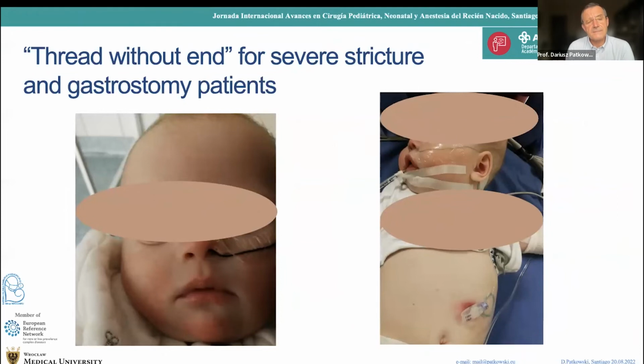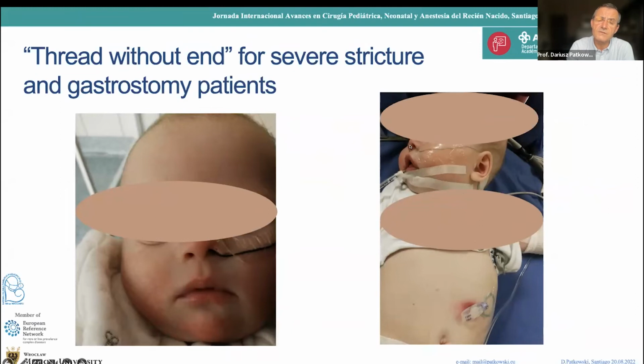Right now we are not using gastrostomy, but sometimes patients are referred to our center with an already created gastrostomy because of the stenosis or another reason. In such a case, we put a thread without end. What does it mean?